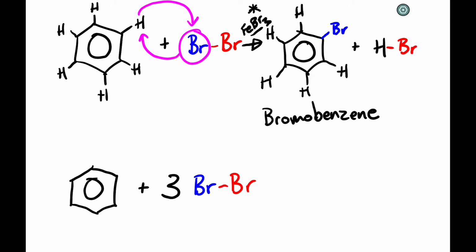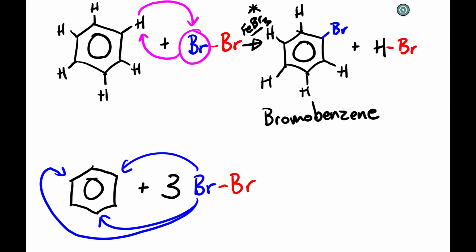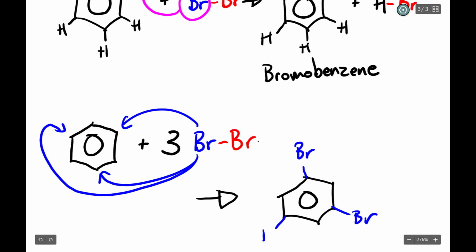So 3 Brs move in, separated by the same distance, like a 1, 3, 5. And 3 hydrogens come out. So what you would end up having as a product would be a tribromobenzene, plus 3 HBr.